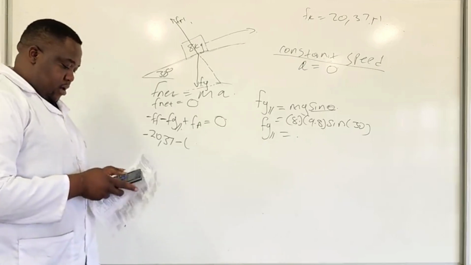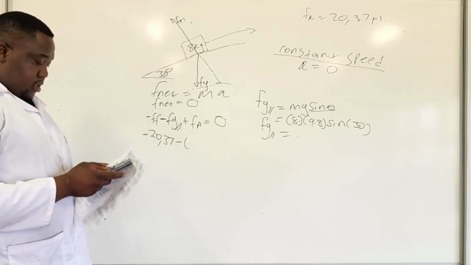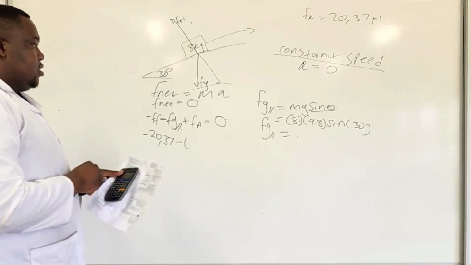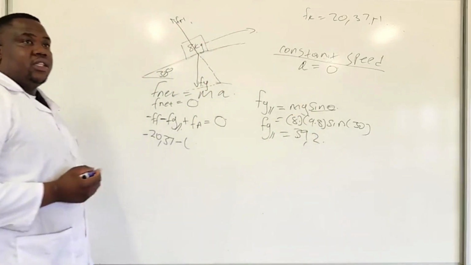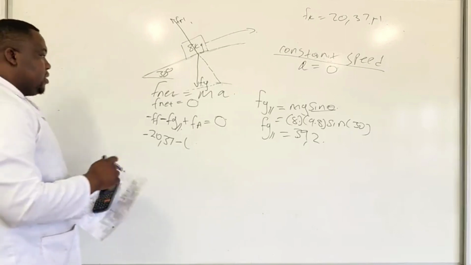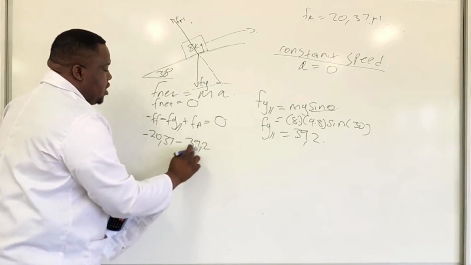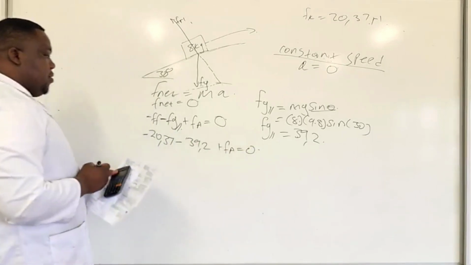We have 8 multiplied by 9.8 sine 30. So we have 39.2. That is our Fg parallel. So we're going to have 39.2 plus applied force, which is equal to 0.